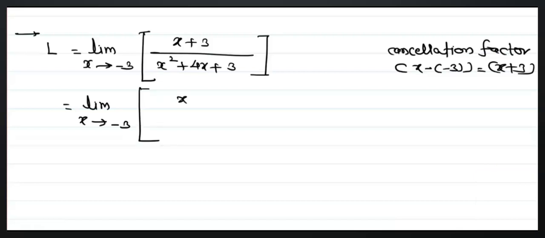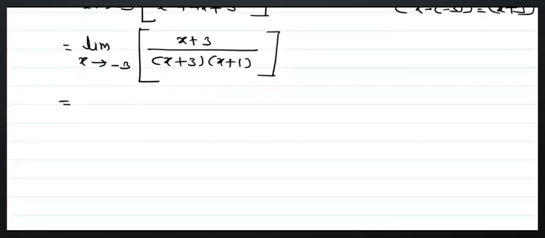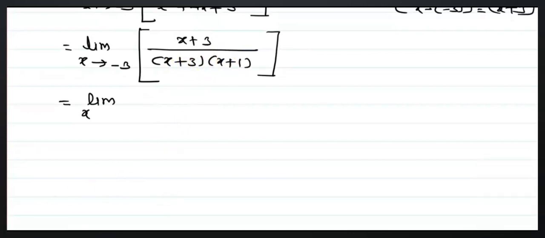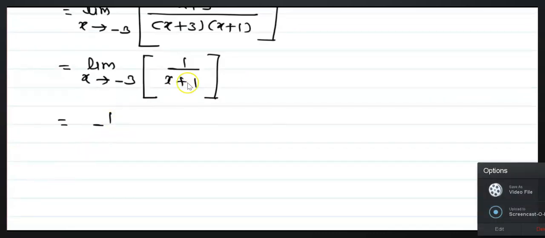See this? Now, we'll factorize here. This is a very simple quadratic equation, that is x square plus 4x plus 3, and its factors are x plus 3 into x plus 1. Now, from the numerator and the denominator, x plus 3 gets cancelled, and you get 1 upon x plus 1.